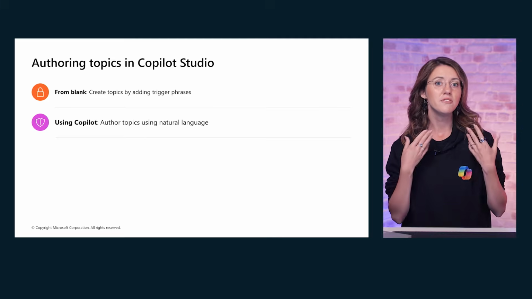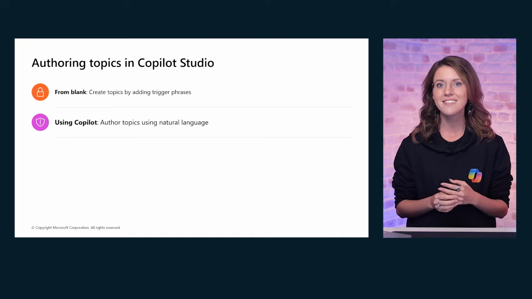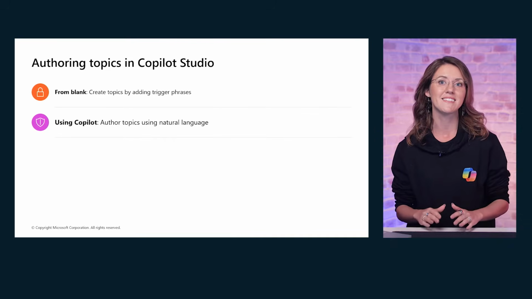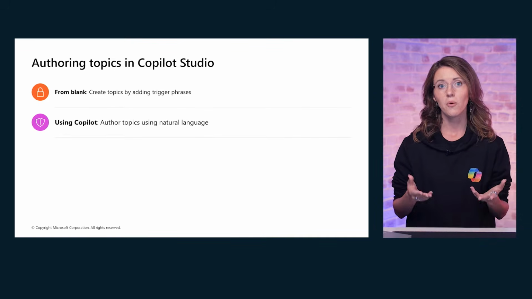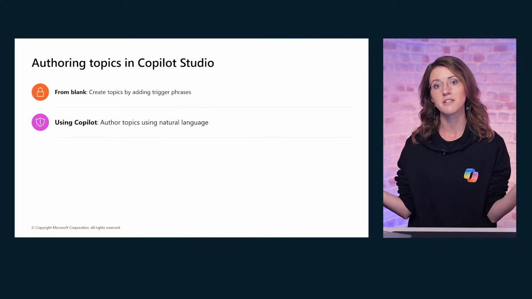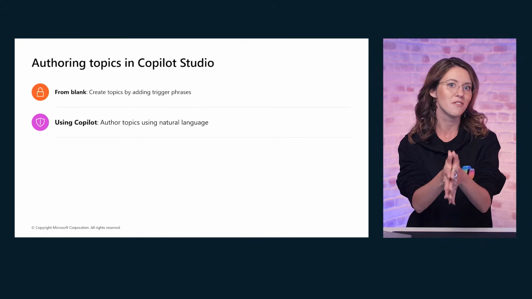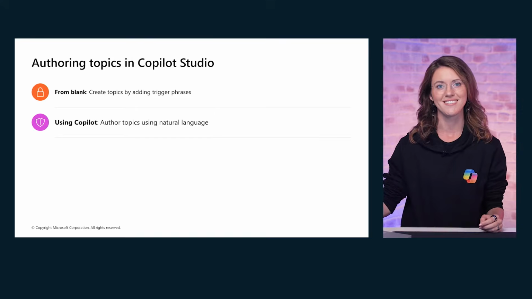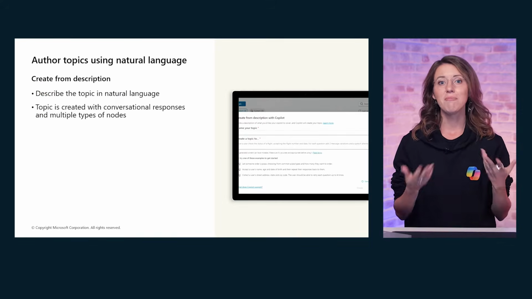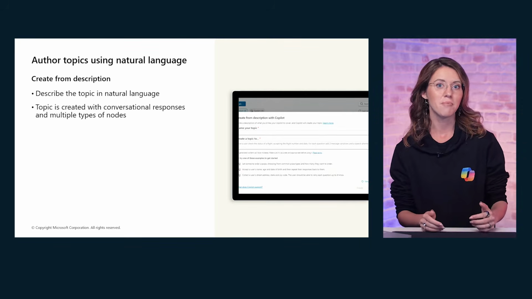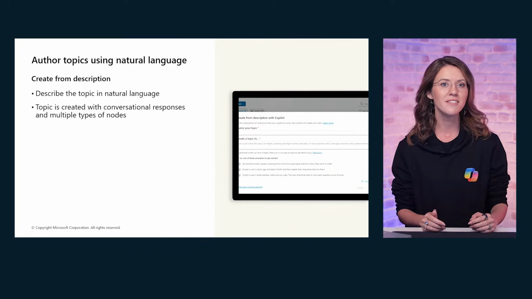This intuitive method makes it easy to craft conversational paths without needing extensive technical knowledge. So whether you're using pre-made samples or creating your own topics, Copilot Studio offers a flexible and powerful way to manage conversational threads.